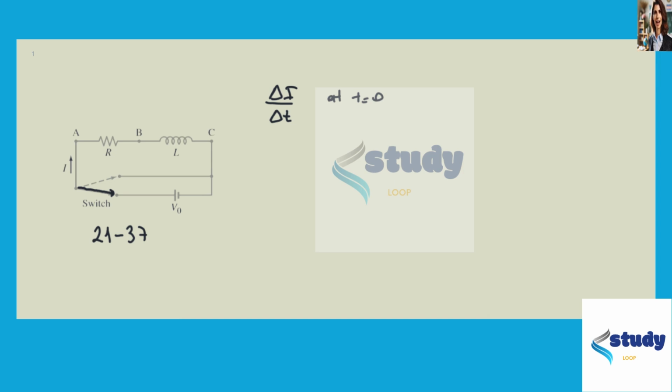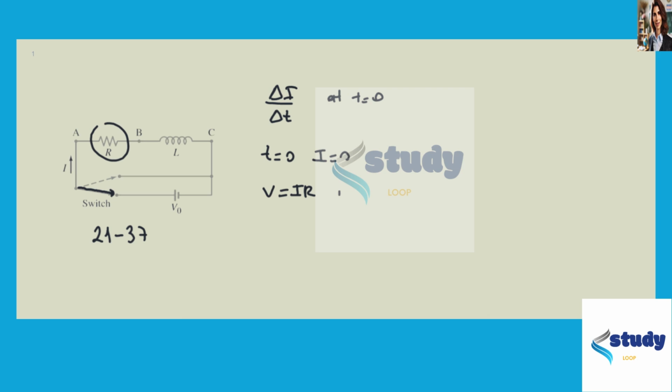So the first thing is first. At the moment when the battery is attached to the RL circuit, the inductor prevents the current from flowing. So at T equals 0, the current equals 0. If the inductor prevents the current from flowing, there is no current across this resistor initially, so there is no potential drop given by I times R, right?